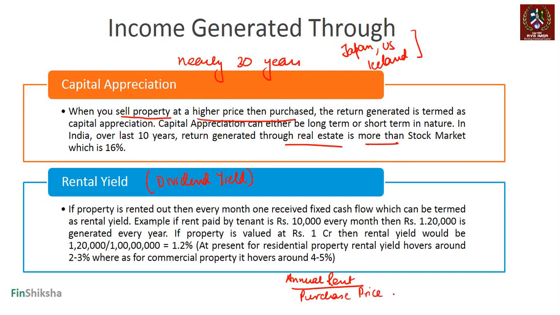So what is the amount of return you are making if you buy the property at a certain rate? If your property is bought at 1 crore and you get a rent of 10,000 every month, giving you 1.2 lakhs a year, your rental yield is going to be 1.2%. That's 1,20,000 of rent divided by the property price of 1 crore, right?